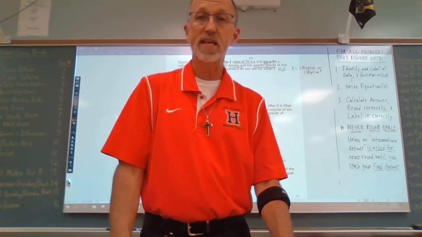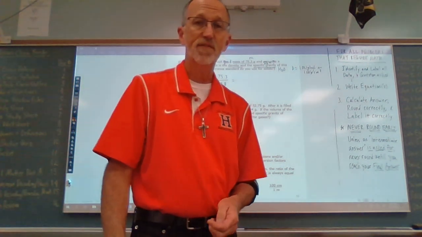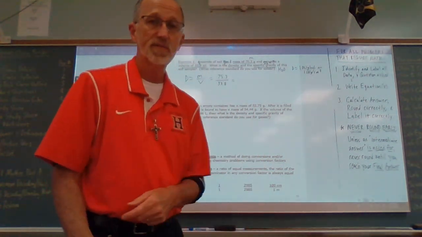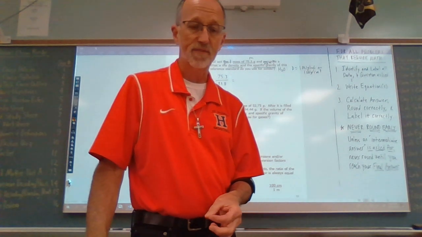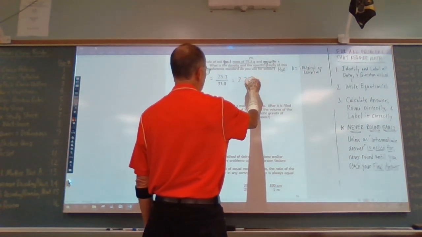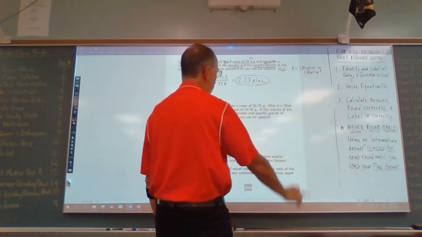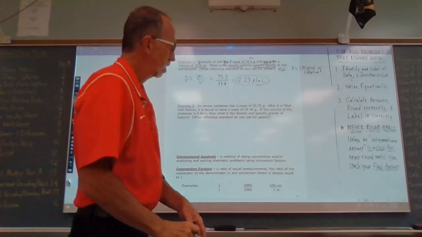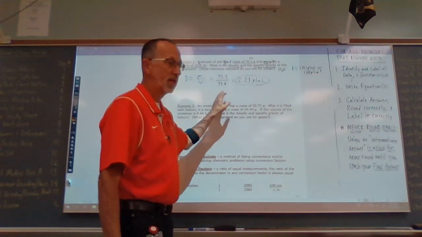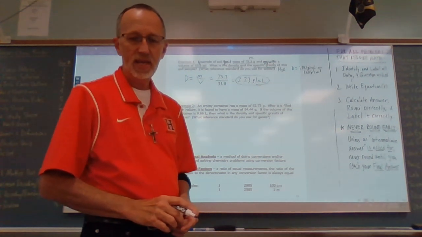Well, it asked for this answer, so we need to round it. We are dividing, so we round by sig figs. According to those figures, we're going to round to 3 sig figs. So that would round to 2.23 grams per mL. So here's the equation, here's the numbers, here's the correctly rounded and labeled answer.